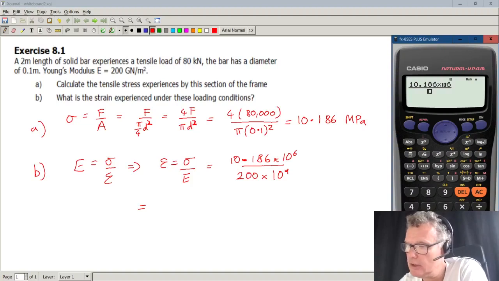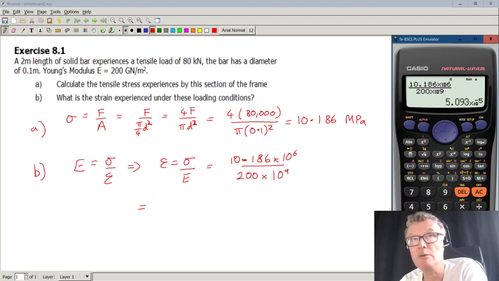Go down to the next line. Divide by 200 times 10 to the x, and put in a 9 there.